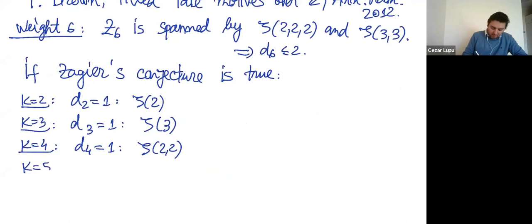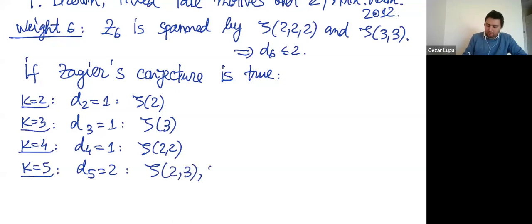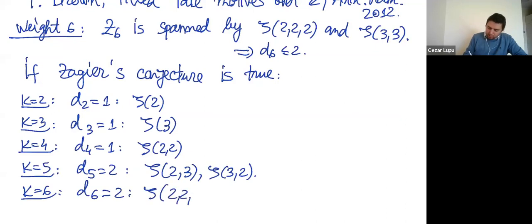In weight 5, if we want D5 to be 2, it will be generated by these two values, zeta of 2, 3 and zeta of 3, 2. In weight 6, D6 will again be 2, so we have triple zeta of 2, 2, 2 and double zeta of 3, 3.